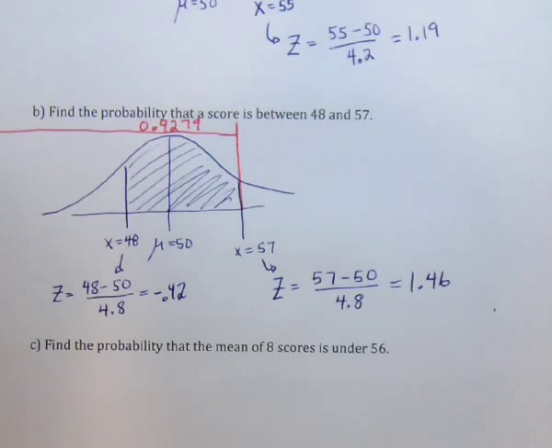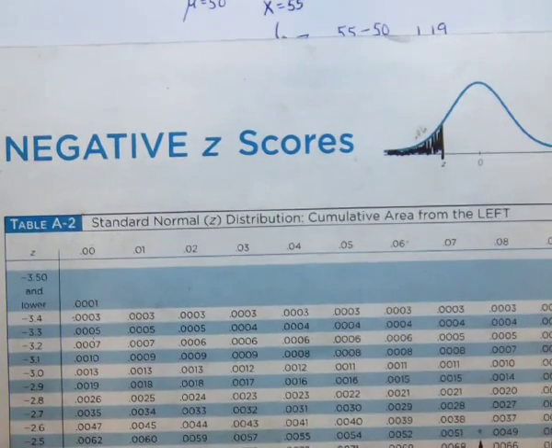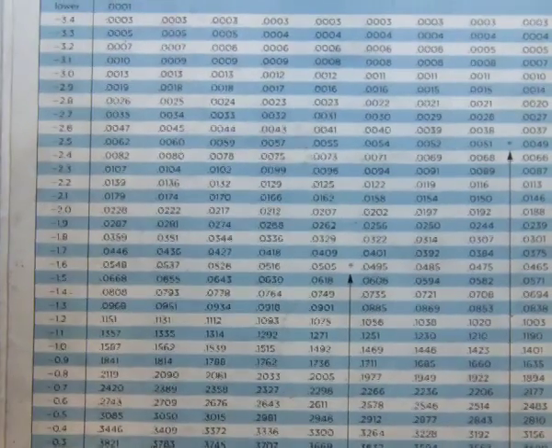Okay, then we're going to have to look up the negative 0.42, which means I need to get the other chart. Here it is. The one that says the negative z-scores. So then look up a negative 0.42.